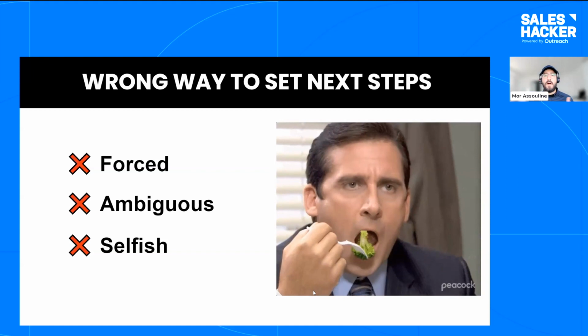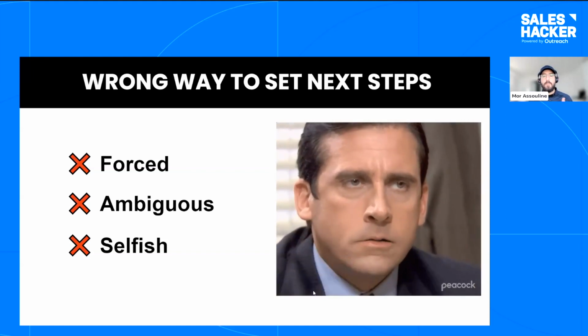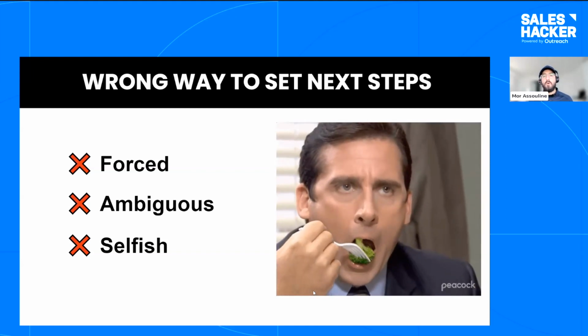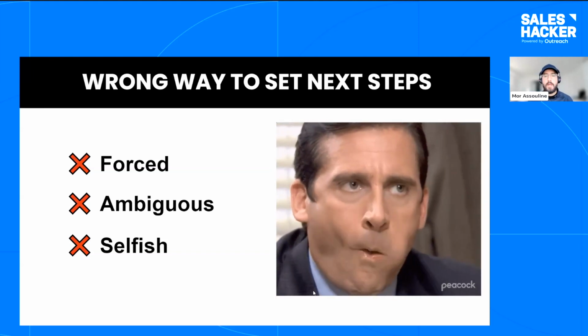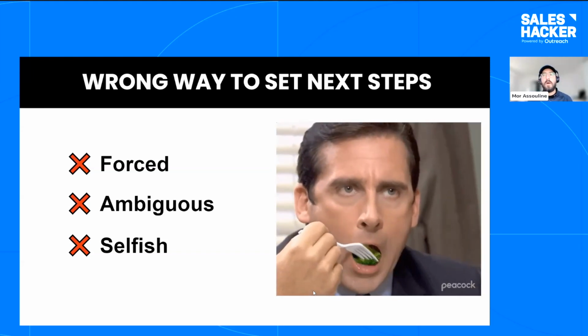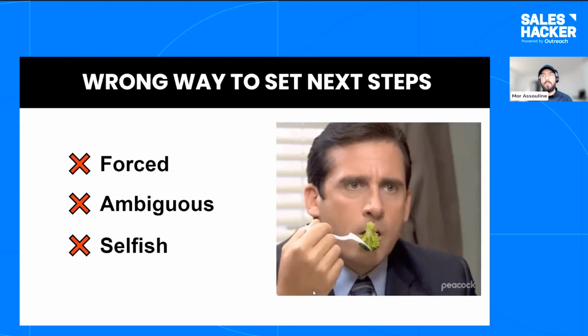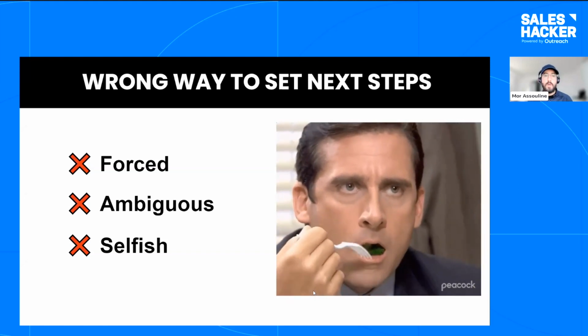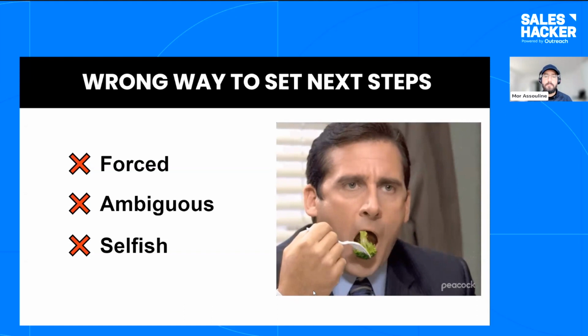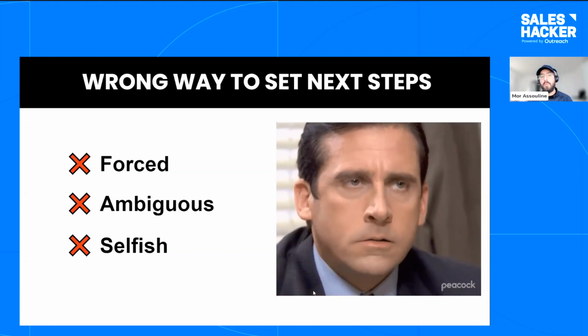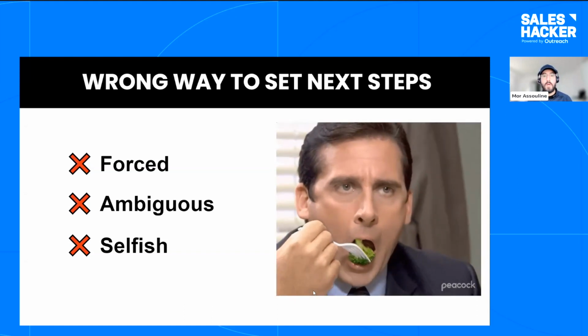Truth is, if I'm a prospect and you're pitching me and I'm evaluating your software and you tell me, hey Mor, let's get something on the books so we can see where you're at next week, I don't want to block out 15 or 30 minutes of my time to just give you an update. I'll send you an email. So you have to keep that in mind when you're trying to set up next steps with prospects.